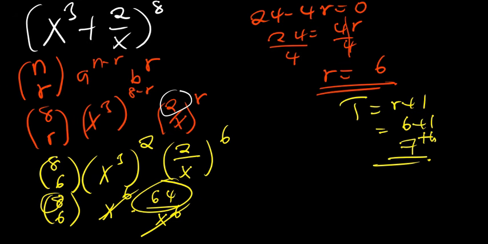So we are interested in x, sir. So here we are dealing with x. That's why we had x to the power, if you can remember very well, we had x to the power 24 minus 3r minus r being equal to, now, to what term independent of x? Like what power of x are we going to have when the term doesn't have x? It is basically x to the power 0.